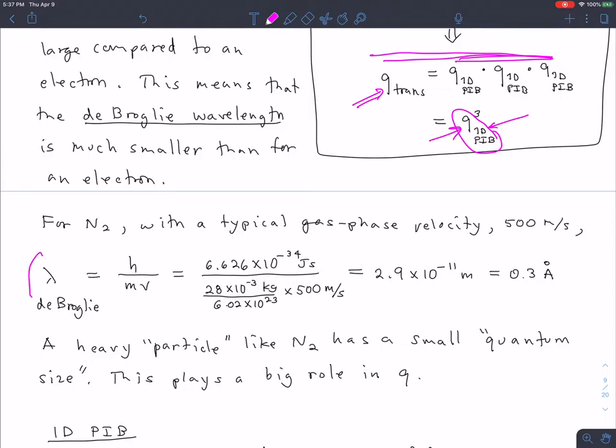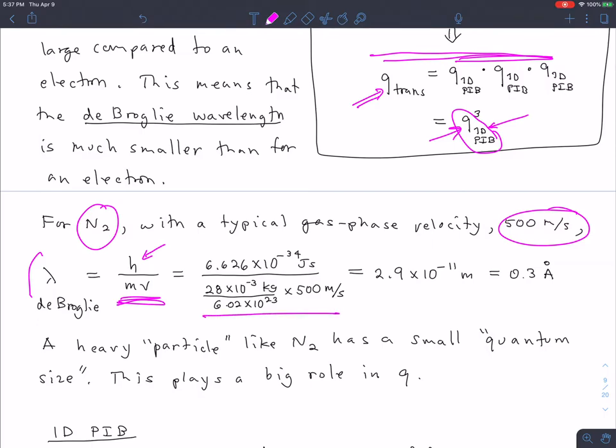So here's the de Broglie wavelength formula, the Planck constant divided by the momentum of the particle. Our particle, quote unquote, is an N2 molecule moving at 500 meters per second. That's a typical speed. In fact, that's the RMS speed for a gas molecule at room temperature.